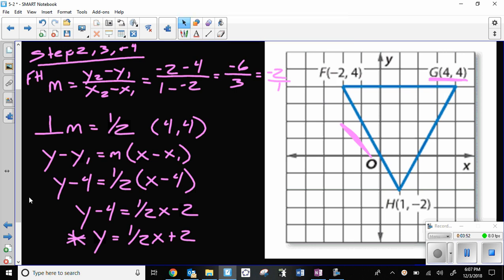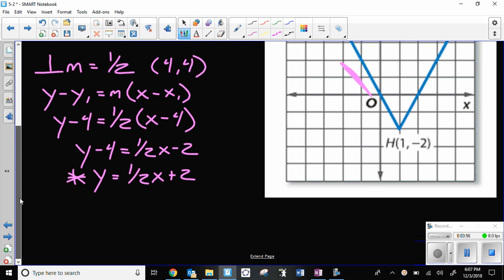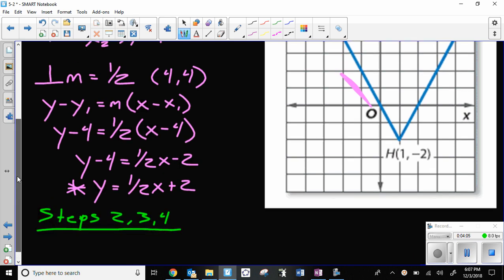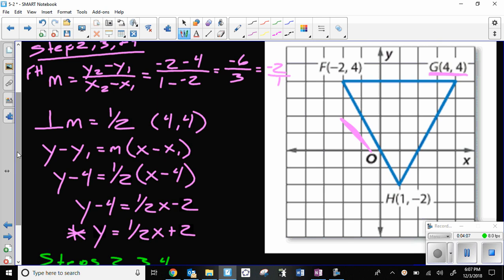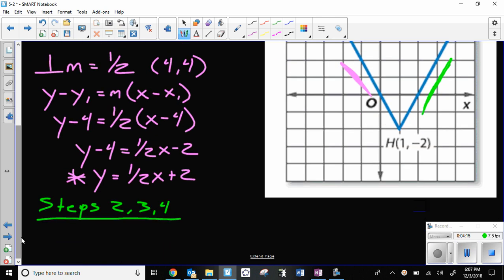Now we're going to go back and do steps 2, 3, and 4 again. This time let's find the slope of this side, GH.